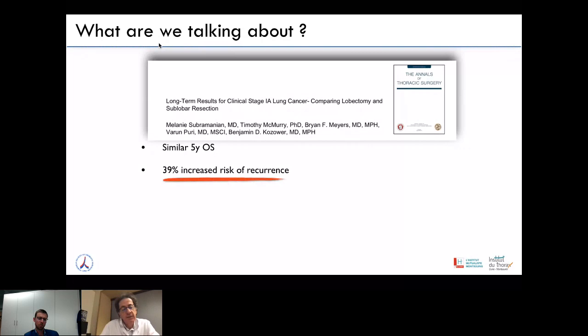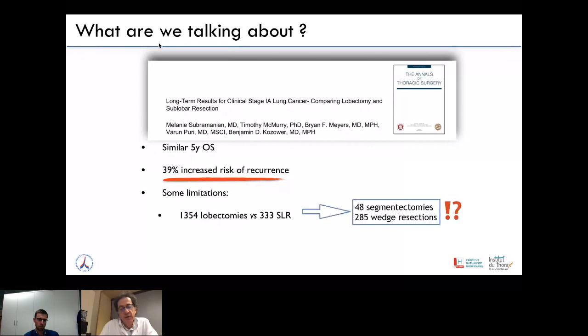If you look at the data of this publication, there are, however, some problems. You have many more lobectomies than sublobar, and in the sublobar group, you have mainly wedge resections. Now, if you look at the lymph node dissection performed during these operations, you see that the median lymph node count was 7 in the lobectomy group, which is, let's say, poor, and 1 in the sublobar group, which is extremely surprising.